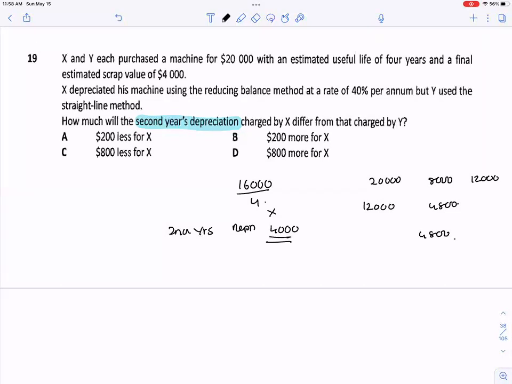So second year depreciation for, no, they want X. So X is how much? X is 8,000 less, 800, 800 less. 800 less for X. Are you all with me?